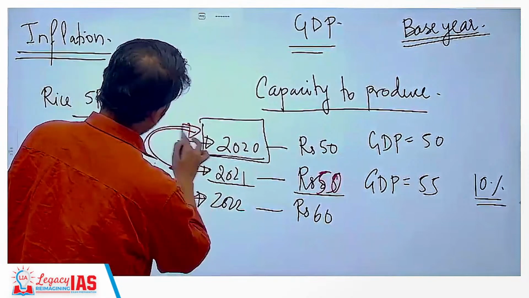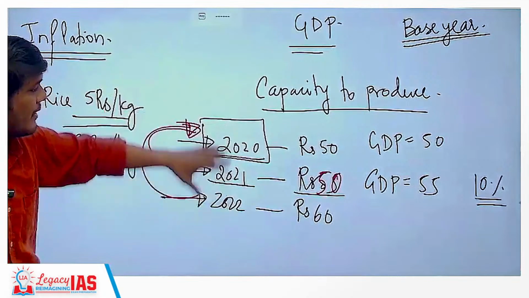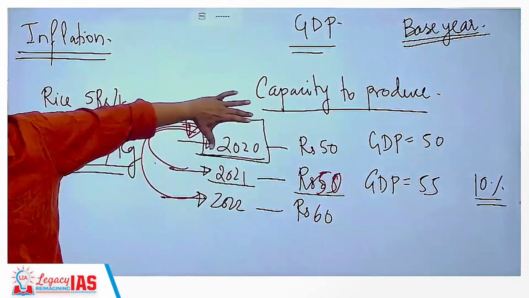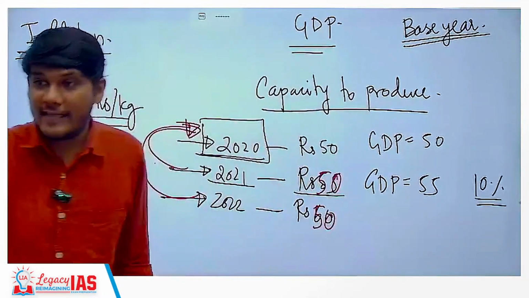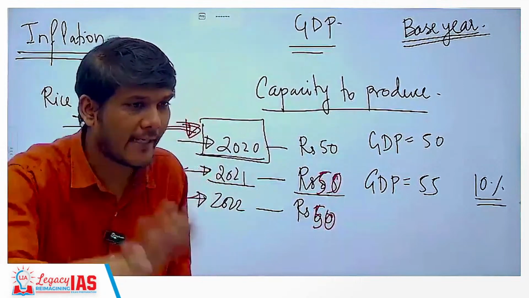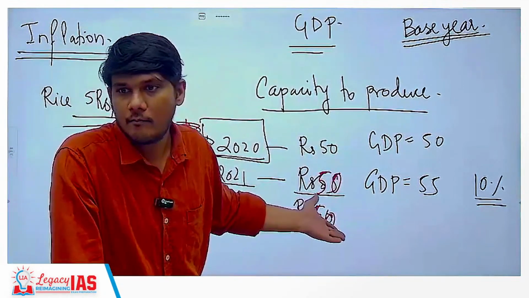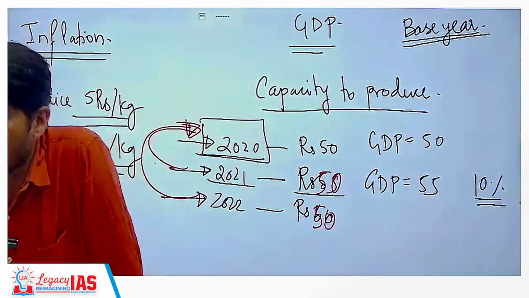Every year when I'm calculating GDP, I have fixed the prices of 2020 only. So here also my GDP would come out to be 50. And I will get to know that my economy's production has not increased. It has still remained the same. Okay? And then I can take corrective action to improve or increase my economy.